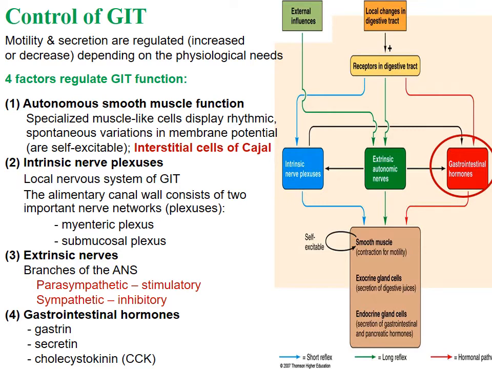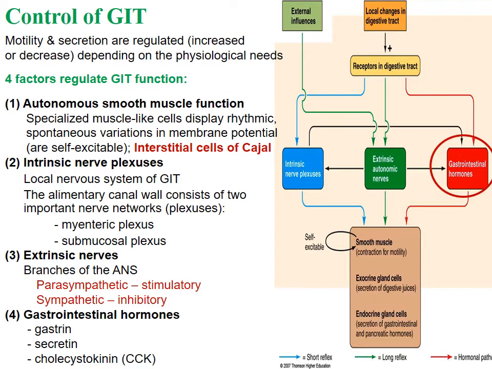And there is the extrinsic nervous system, which consists of the branches of the autonomic nervous system, including the parasympathetic and sympathetic. Here you need to remember that the parasympathetic has a stimulatory role in the gastrointestinal system, and the sympathetic has an inhibitory role.